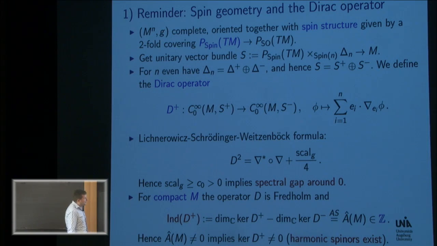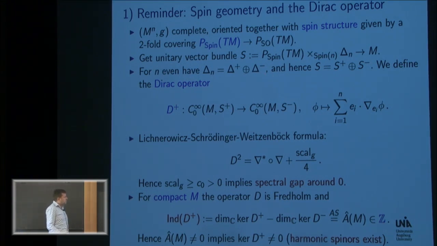Let me stick to the even dimensional case. It's a little more direct to construct the index in that context. When we restrict this Clifford representation on Delta_n to the spin group sitting in the Clifford algebra, it splits into two irreducible spin representations, the positive and the negative half spin representation, as we call them. We have a corresponding splitting of the spinor bundle S into a positive and negative part.